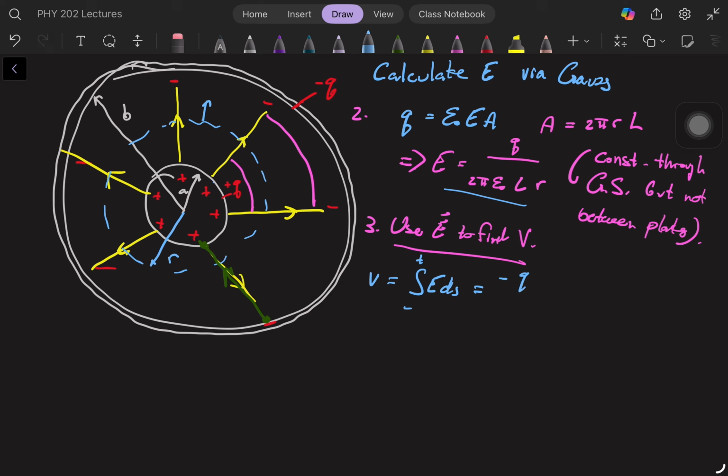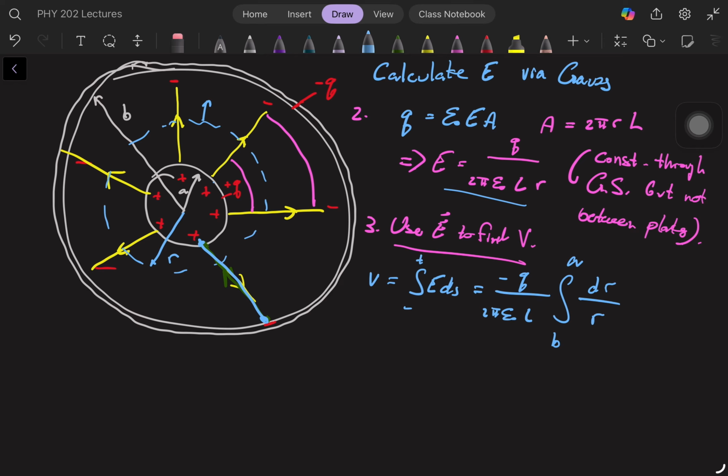And so we have negative Q over 2 pi epsilon naught L times the integral from B to A, because L is a constant, right? That's some arbitrary thing. R is what can change. And so ds is going to be dr, right? Because we're integrating from here to here. So that's along the radial.